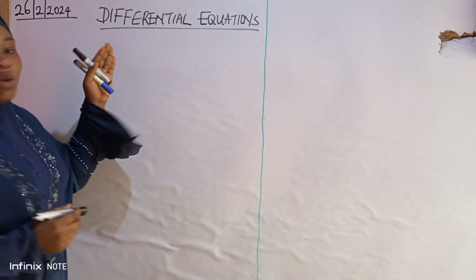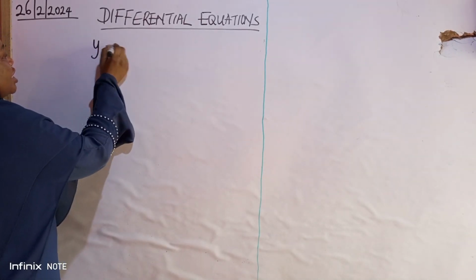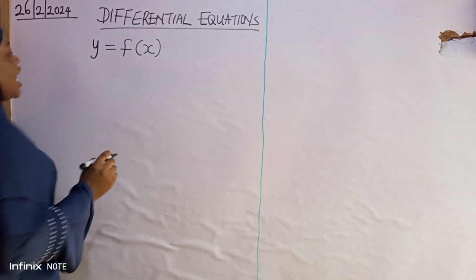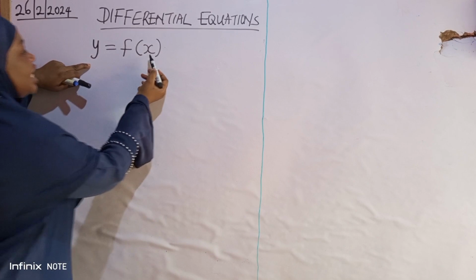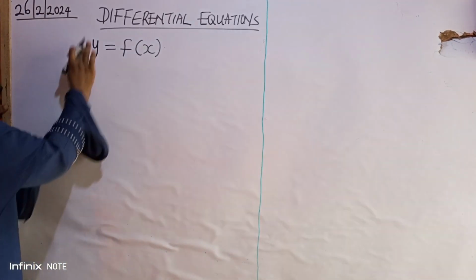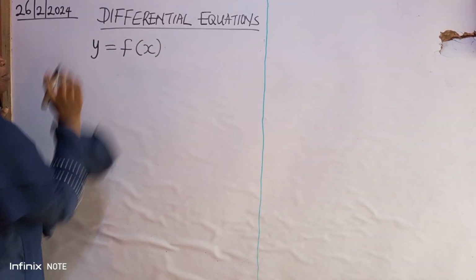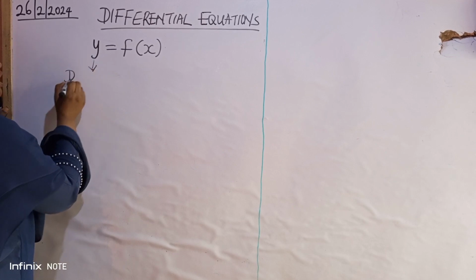If you remember, when we were doing functions, we wrote something like this: y is equal to f of x. And we say that this y will be the output and x is the input. So this y is depending on x. Variable y is depending on variable x. So this y is called what? Dependent variable.